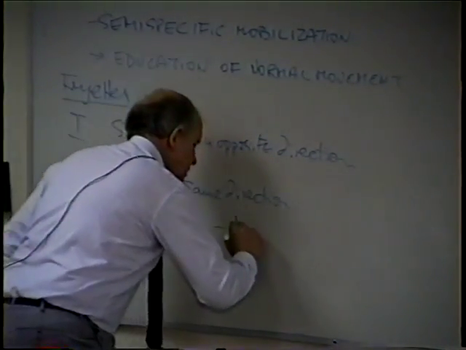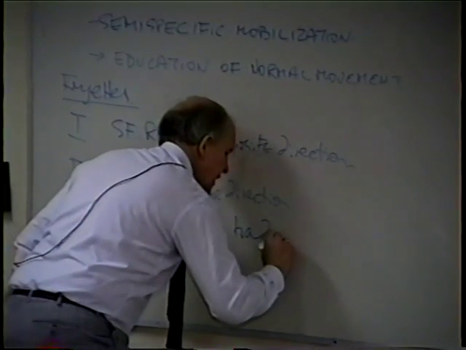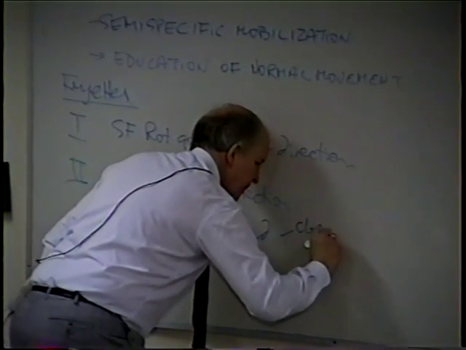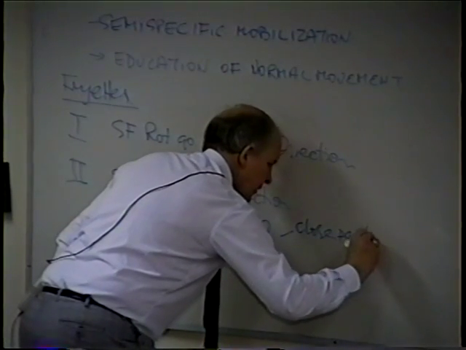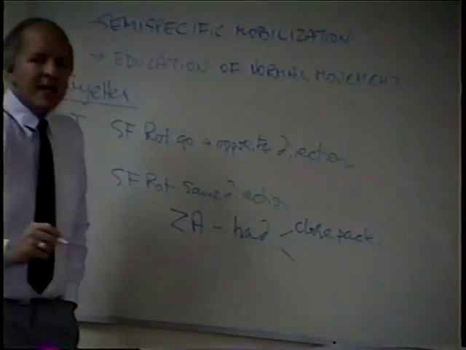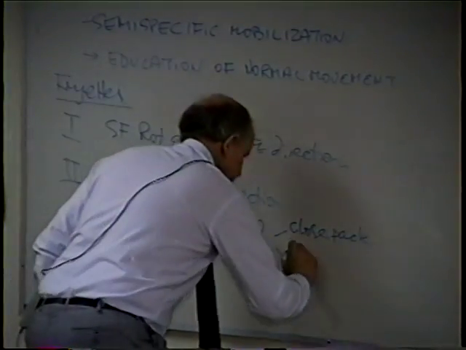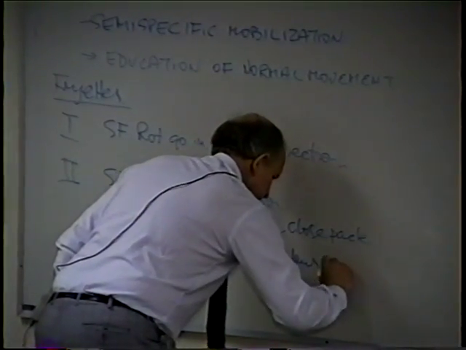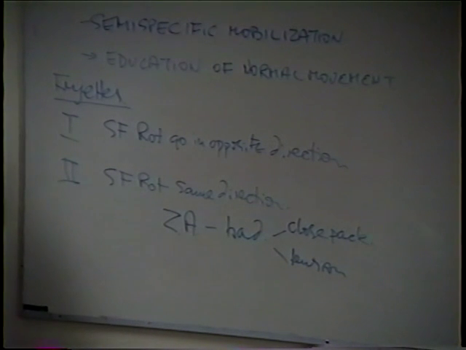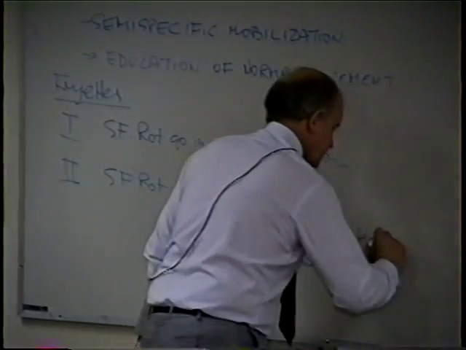And the load can be because it's in its close pack, or it can relate to it being under ligamentous tension. Now, when would those situations occur in the spine? Flexion and extension, correct.